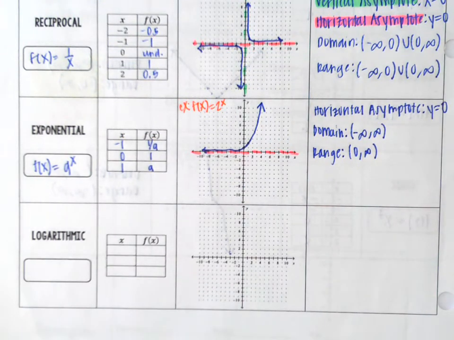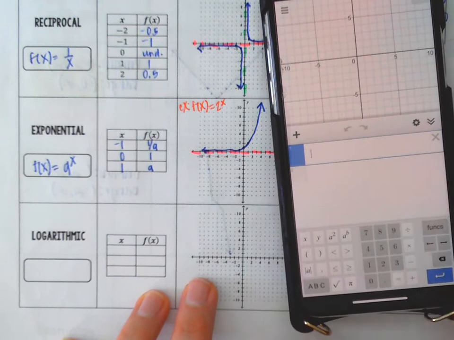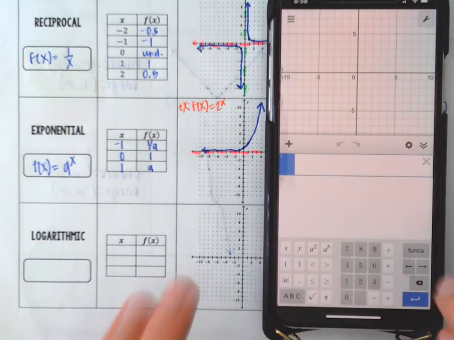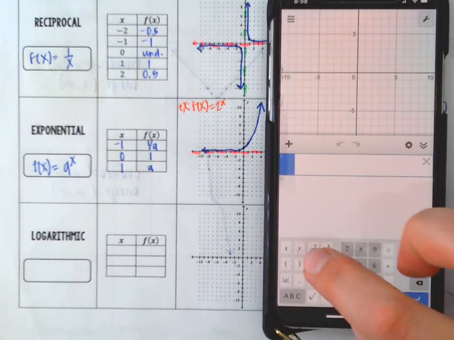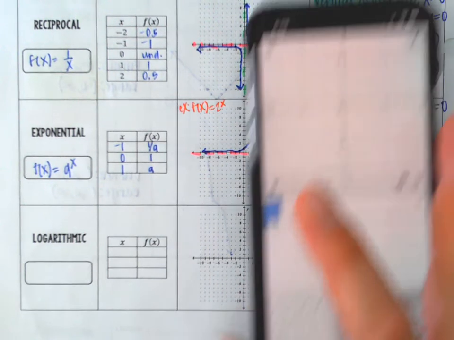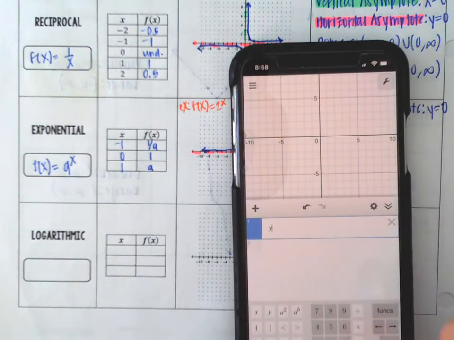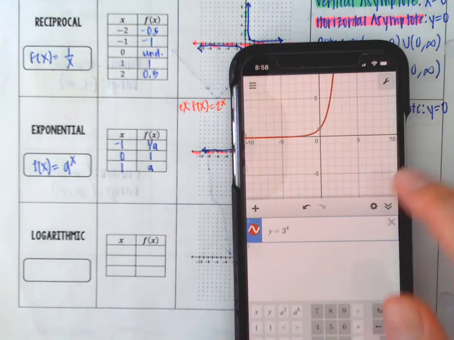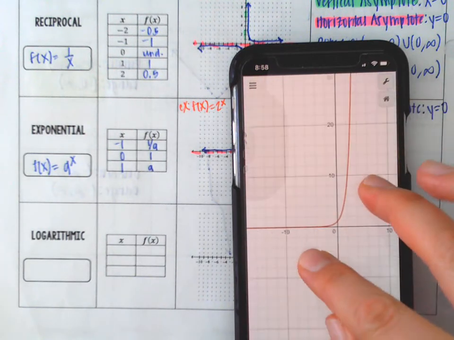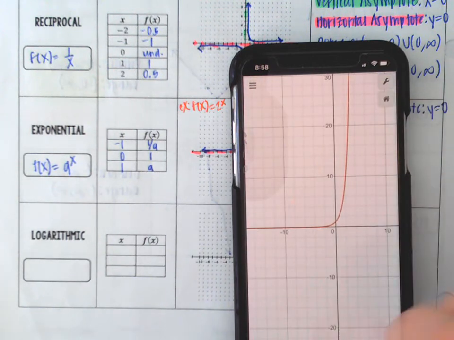Now, if we were to look at that on Desmos, you can see that no matter what the base is, the curve basically looks the same. So if I have y equals 3 to the x power, it's the same thing there.